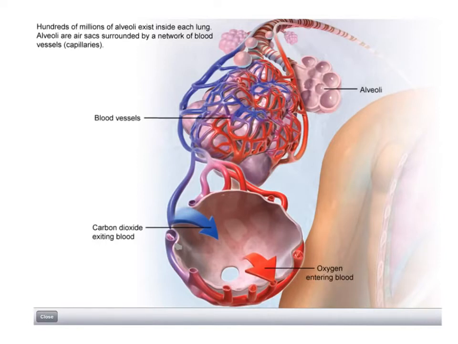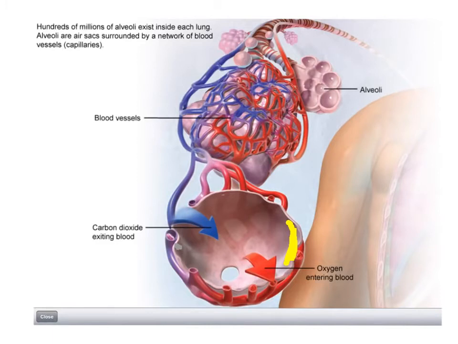So real quickly, diffusion is basically the process where gases try to even out across a membrane. If there's a lot of oxygen on one side of a membrane, such as the membrane here between the capillary and the alveolus, and not as much on the other, diffusion occurs where the oxygen levels tend to even out across that membrane. And the same thing occurs with carbon dioxide.